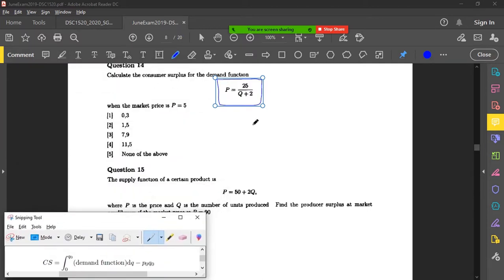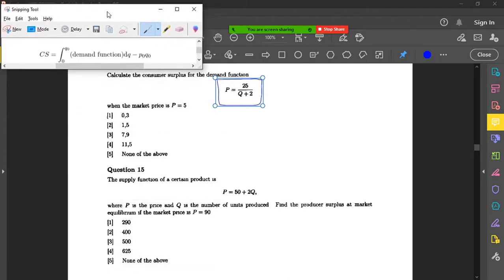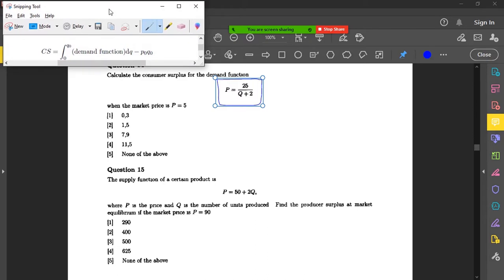Do you want to write again on the screen? You can write on the screen. Yes. Okay, you do the workings. Let's check. Consumer surplus. You're using this formula and you're applying it to that question.